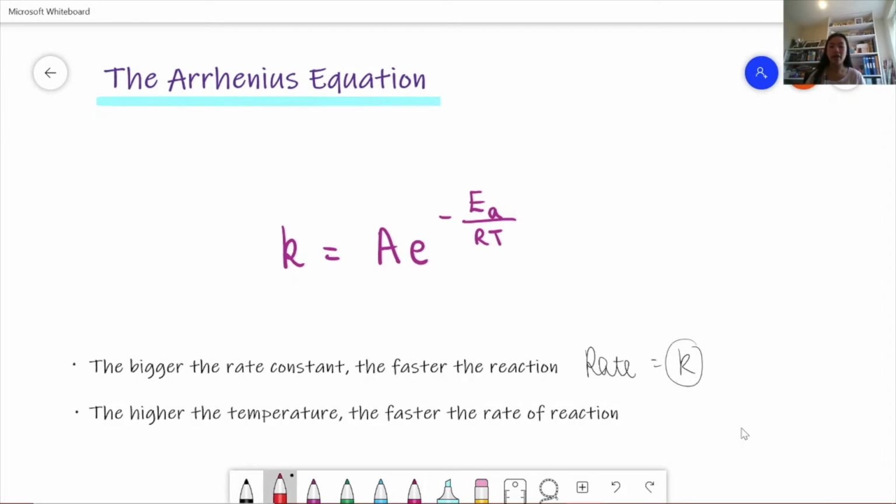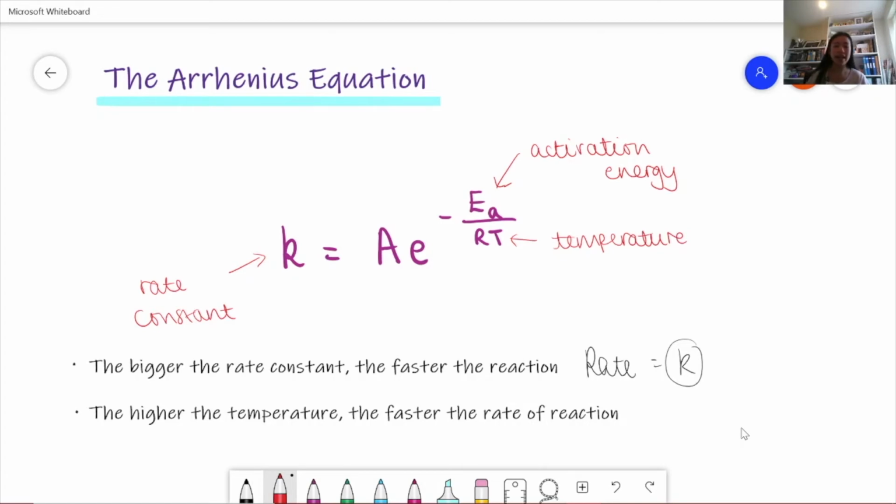And now I'm going to quickly go through this equation and what all the letters stand for. So first we have the rate constant, which is K. And the units of this depend on the order of reaction. And then this A is the activation energy. And then T is the temperature, and that's measured in Kelvin.